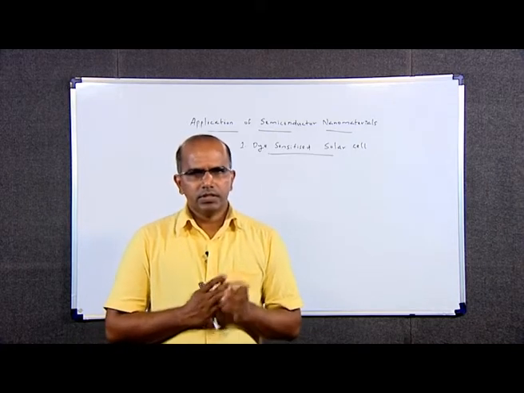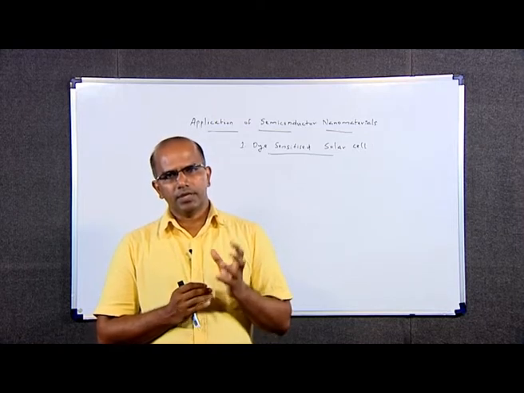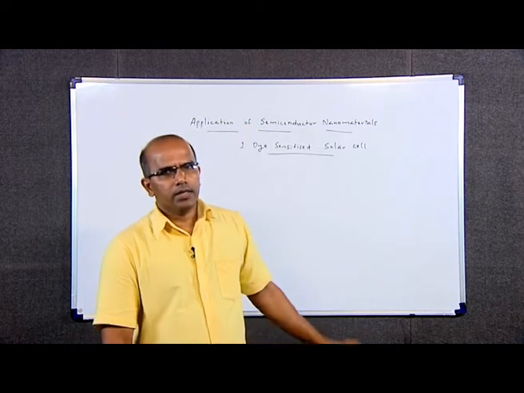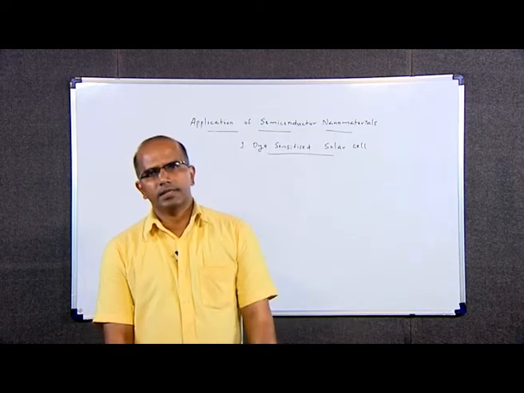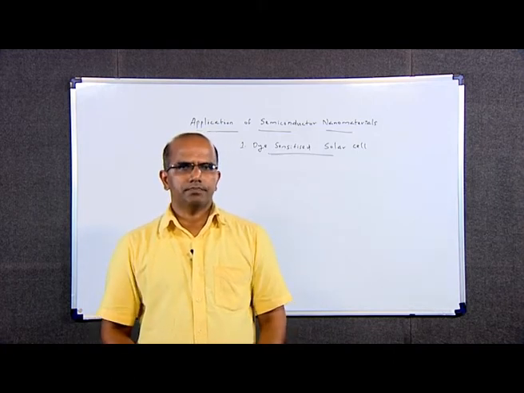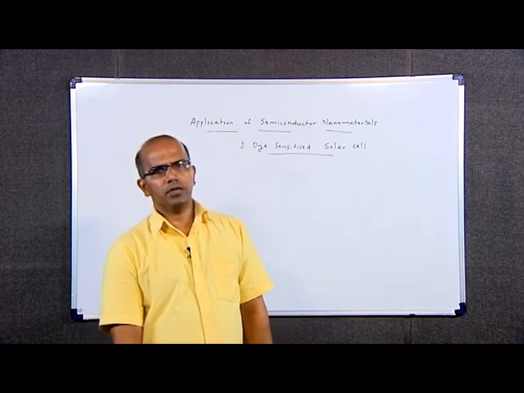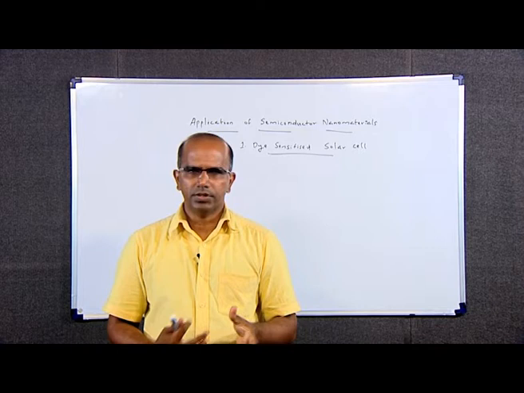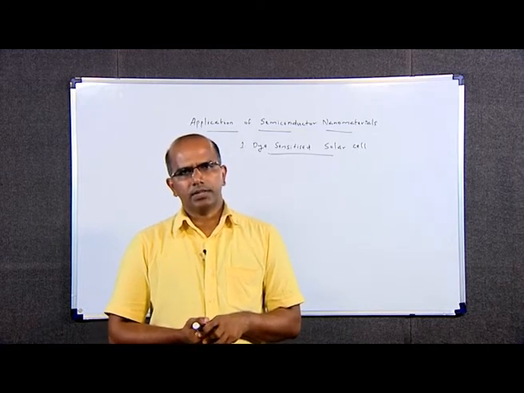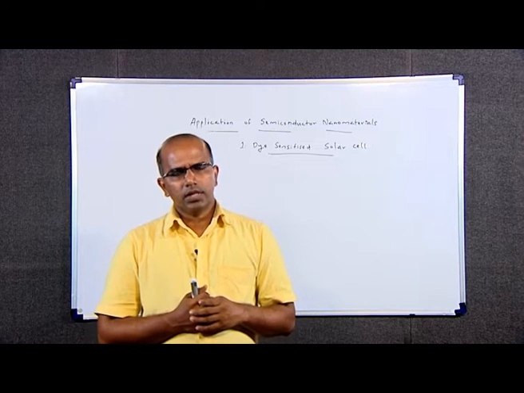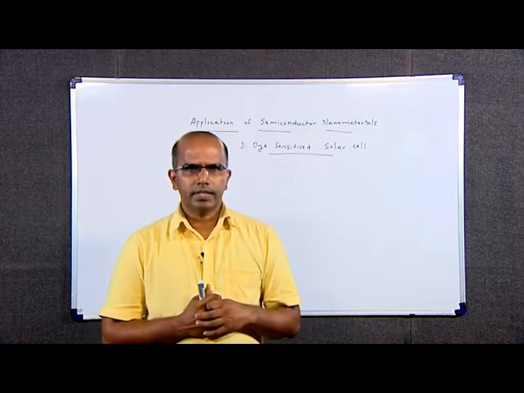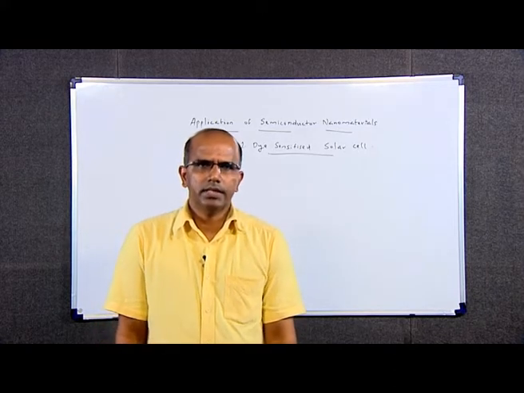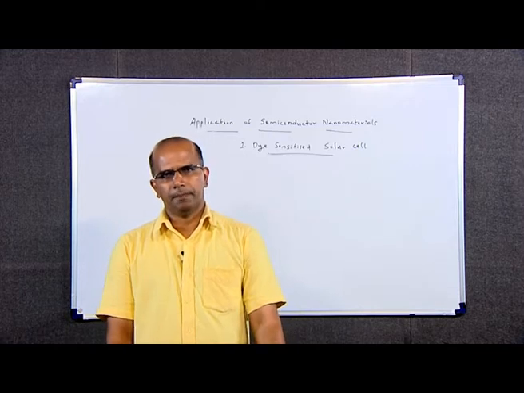So, one option is to utilize the solar energy. By using this type of semiconducting nanomaterial, we can harvest the solar energy, and that type of device is known as the dye-sensitized solar cells. If you look at one calculation published in the Chemical Reviews journal by the American Chemical Society in 2010, they are telling that the mean global energy consumption rate was 13 terawatt in the year 2000.